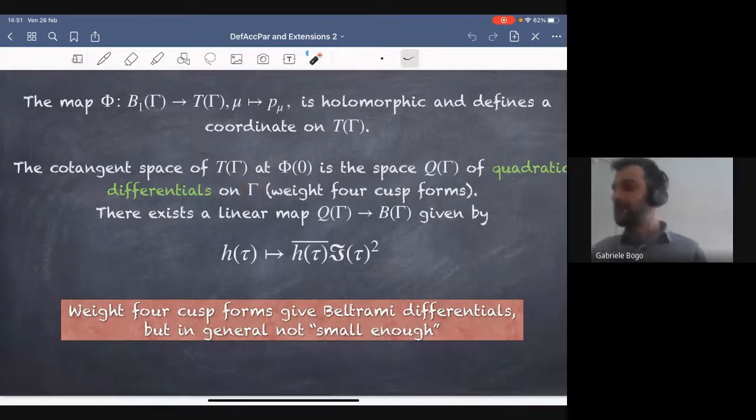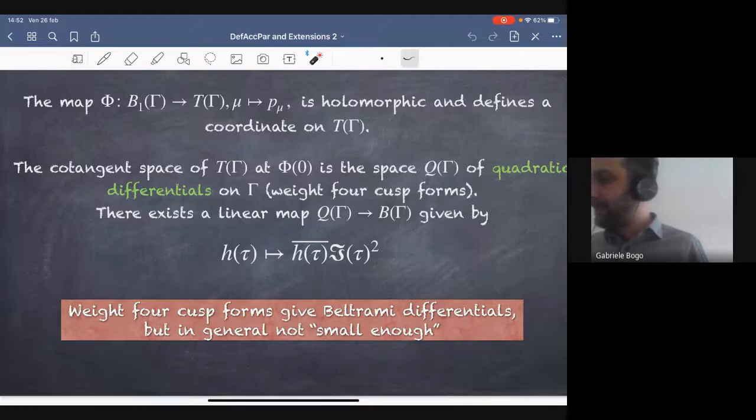Conversely, for every quadratic differential there is a possibility to construct a Beltrami differential, sending a cusp form of weight 4 to this function here: its conjugate times the imaginary part of tau squared. And you can produce from a cusp form of weight 4 a Beltrami differential, which in turn gives a point in the Teichmüller space.